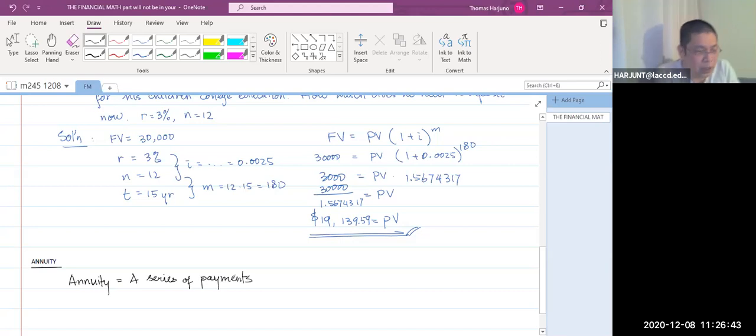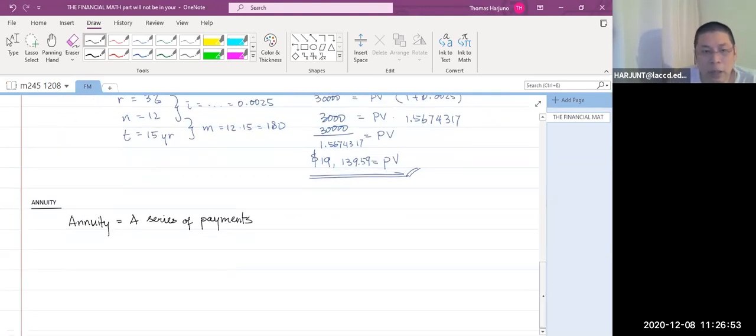So instead of paying it one time into that account, I pay maybe many times, okay? And in this case, I will talk about ordinary annuity. Now, in practice, when we say annuity, unless otherwise specified, it always refers to ordinary annuity.